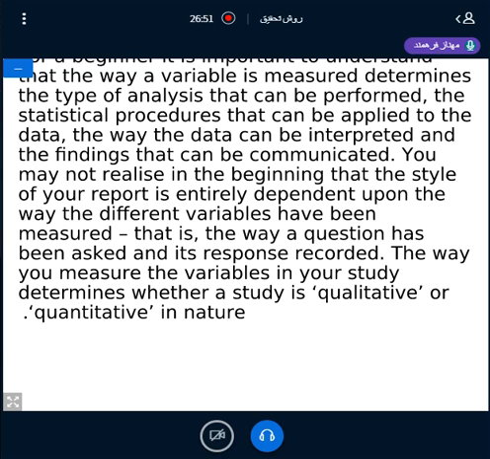Here is the beginning of this PowerPoint. For a beginner, you can see here, these two lines are not clear. For a beginner, it is important to understand that the way a variable is measured determines, and after that is clear here, the type of analysis that can be performed.